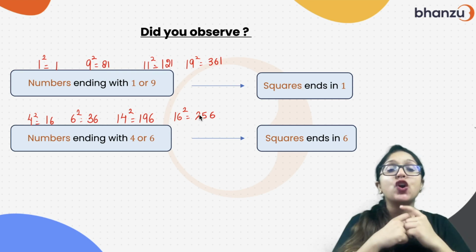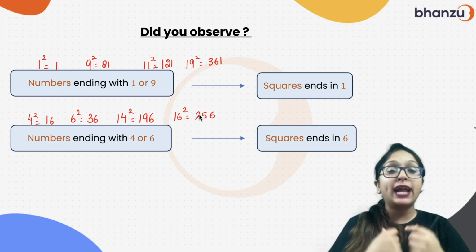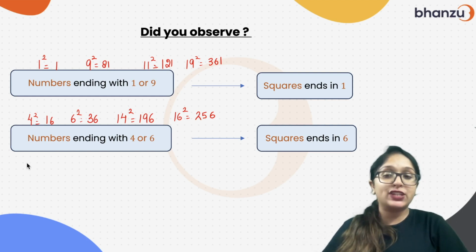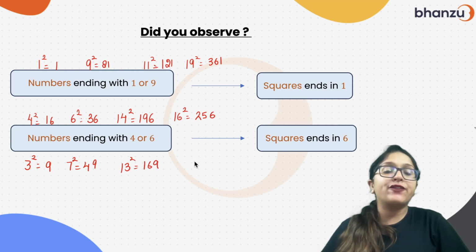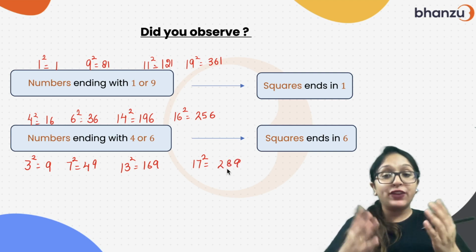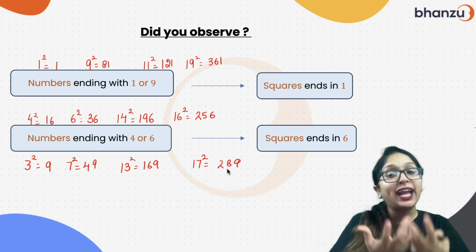Now let's talk about the numbers that end with 3 and 7. Okay, so shall we check it? 3 square is 9, 7 square is 49, 13 square is 169, and 17 square is 289. So we can see that these are ending with 9 only.